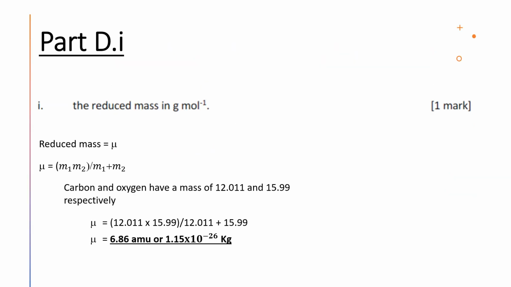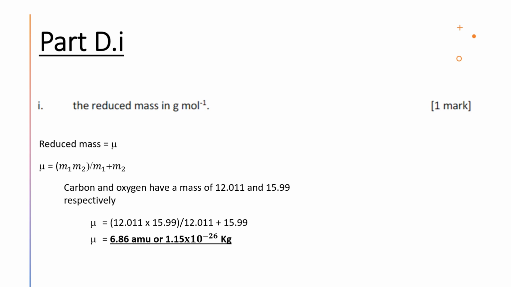Part D1 is asking for the reduced mass in grams per mole. The reduced mass is given by the sign mu, and to find it you do m1 times m2 over m1 plus m2. Now, carbon and oxygen have a mass of 12.011 and 15.99 respectively.